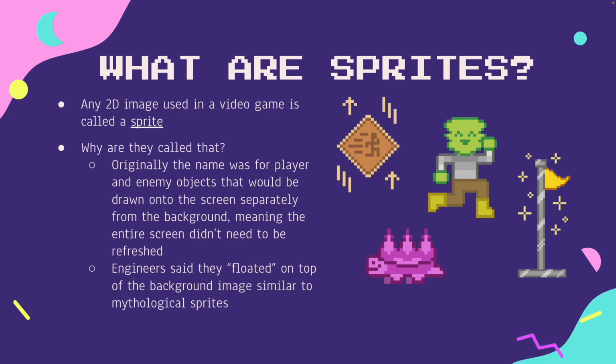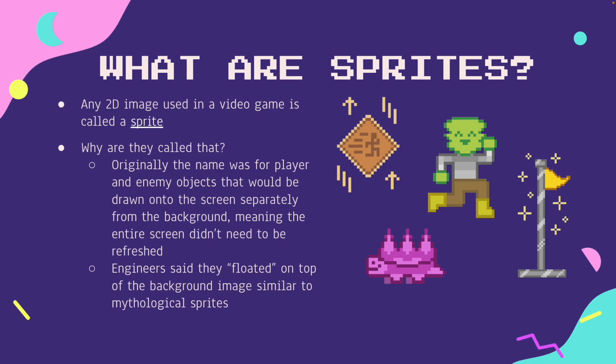So essentially, with an old TV, you didn't have to refresh the whole screen, you just had to draw that part of the sprite onto the background image. Because it didn't disrupt the background image, the engineers thought, these objects are kind of floating above the background, like mythological sprites. And that's where the word comes from, which is pretty interesting.